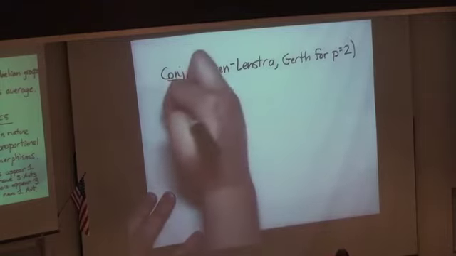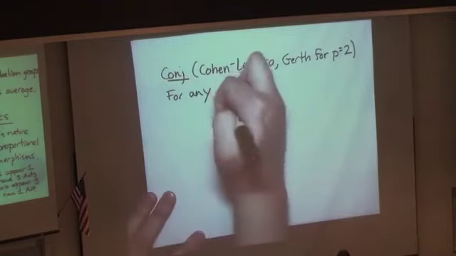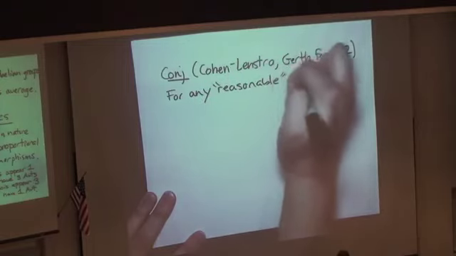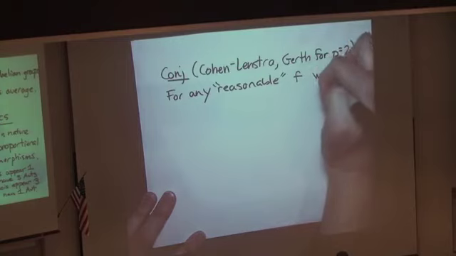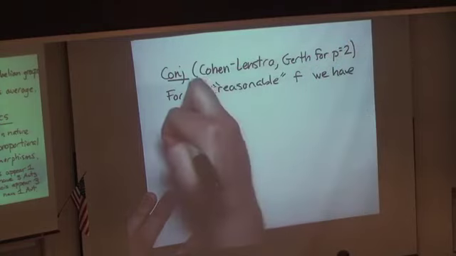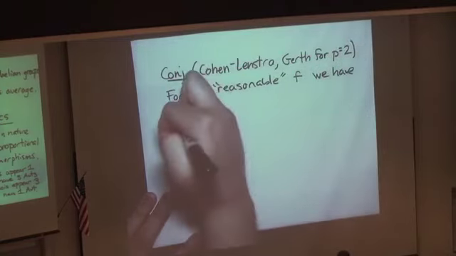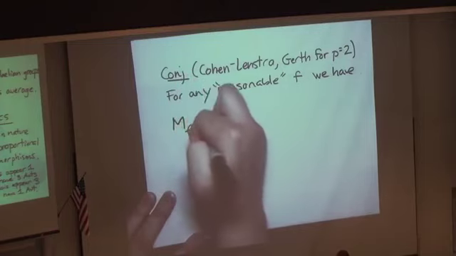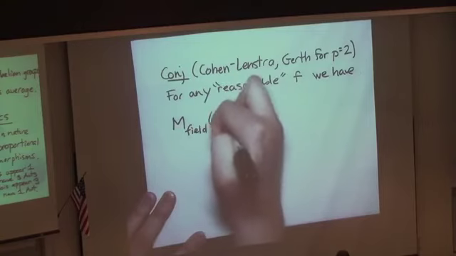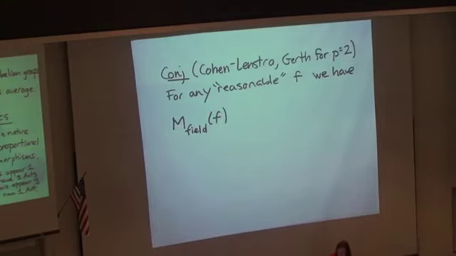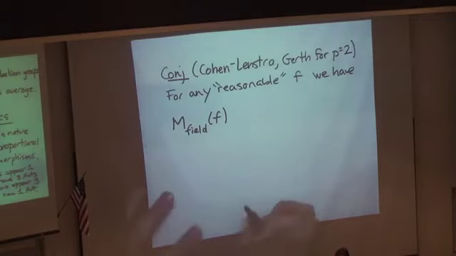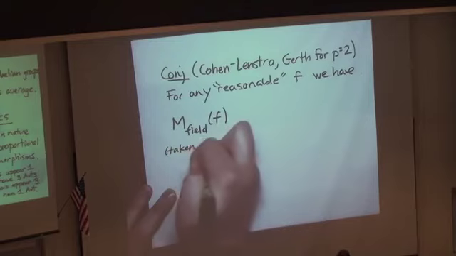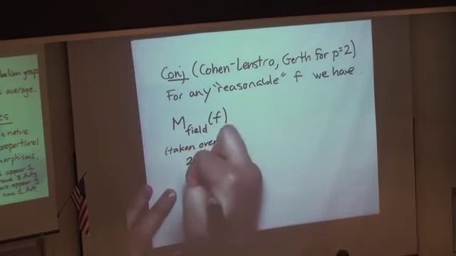So it says for any reasonable f, we have, okay, well, I should say, this is taken over not the class group, but twice the class group.